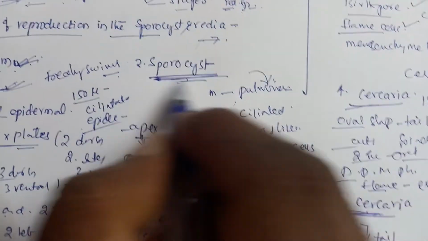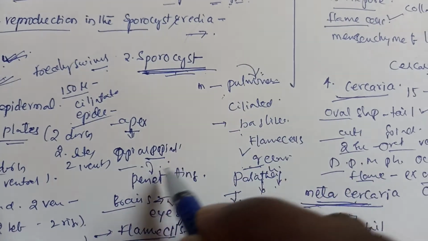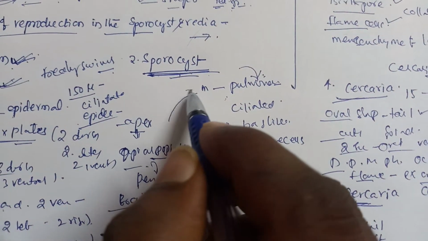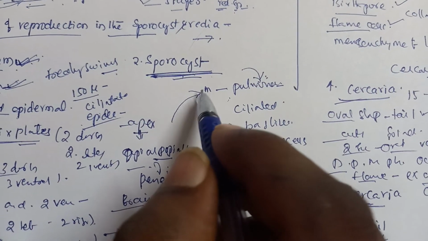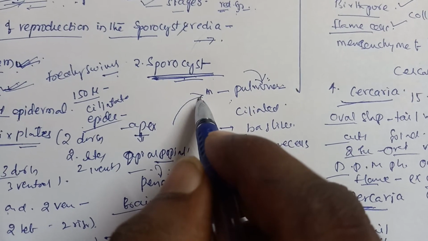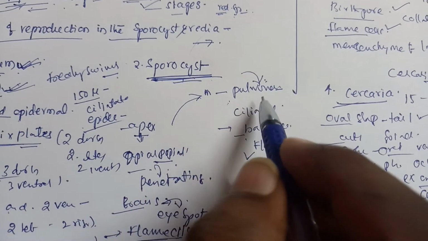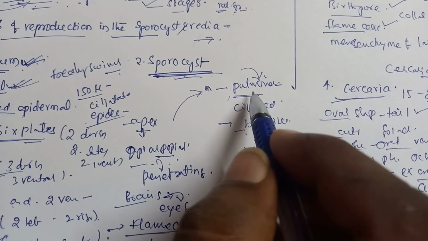The second one is the sporocyst. When this Miracidium larva enters the secondary host, the snail, it directly enters the pulmonary sac of the snail.